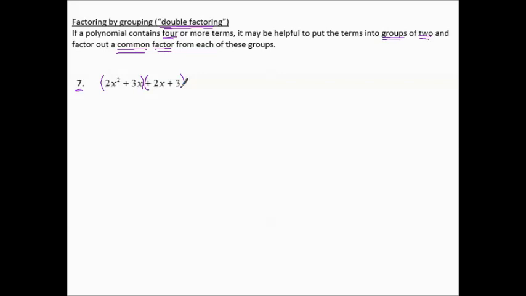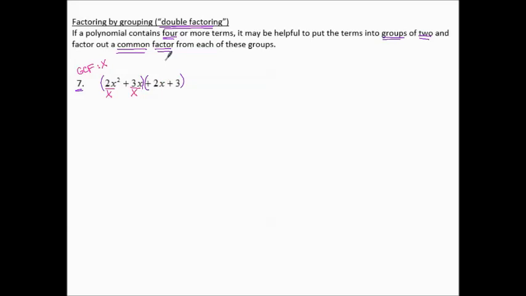Now I want to look at each of the groups and find the GCF. For this one, I can't divide 2 and 3 by the same thing, so there's nothing there. But this one has an x squared and this one has an x, so my GCF there is an x.